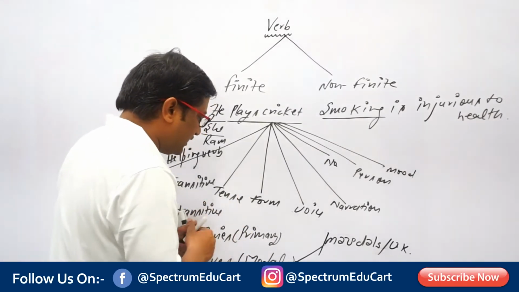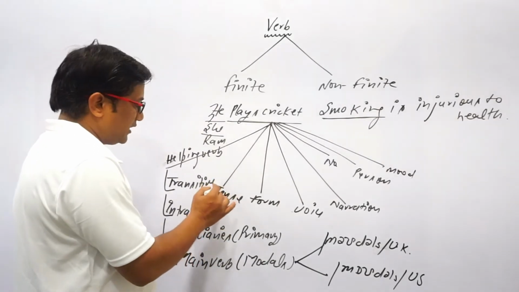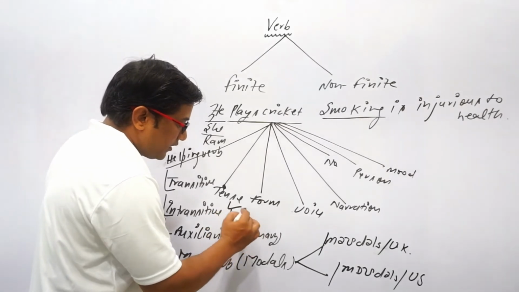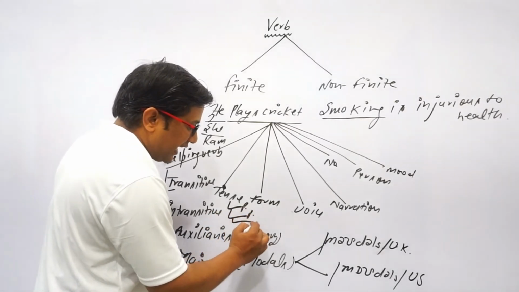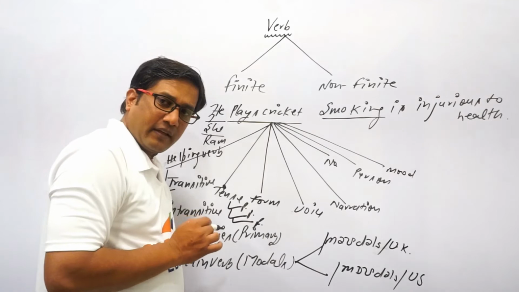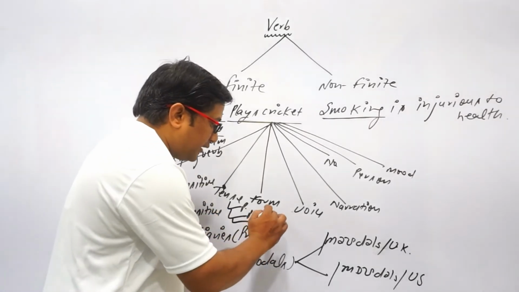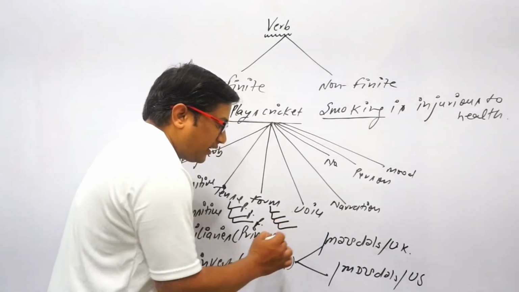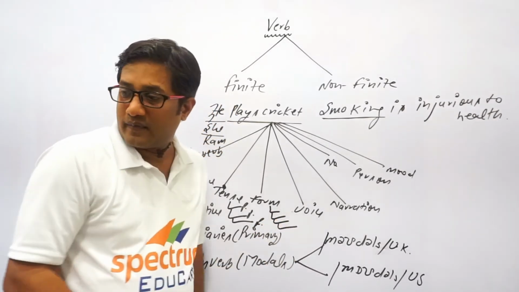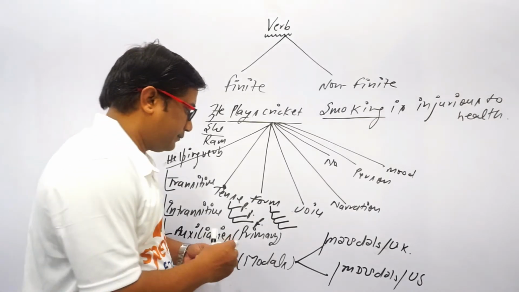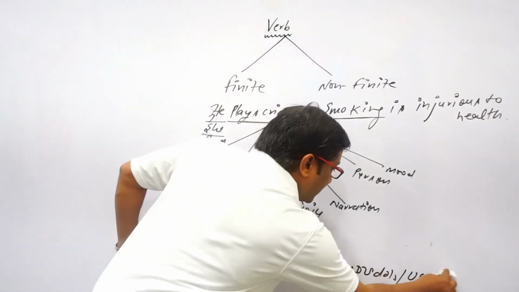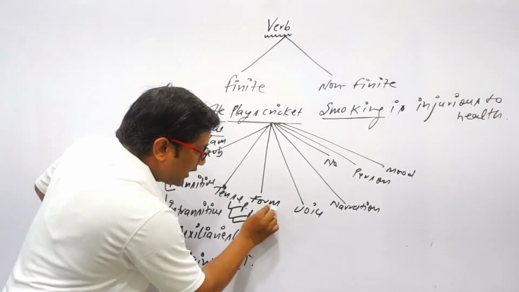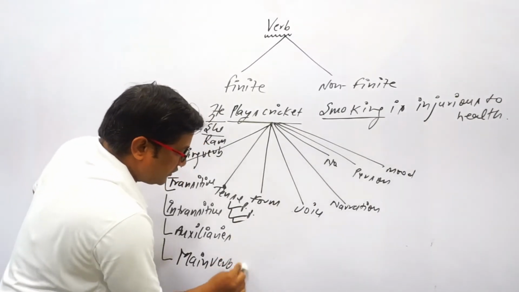So now let's see how you must be knowing it. Tense has 3 parts, that is present, past, and future. Form has 4 parts, that is indefinite, continuous, perfect, and perfect continuous. Now here you can see when you talk about form and tense.